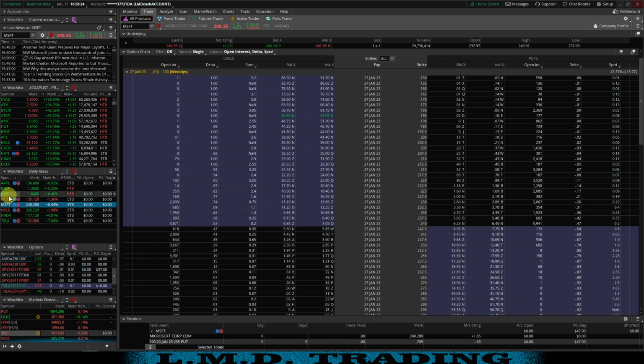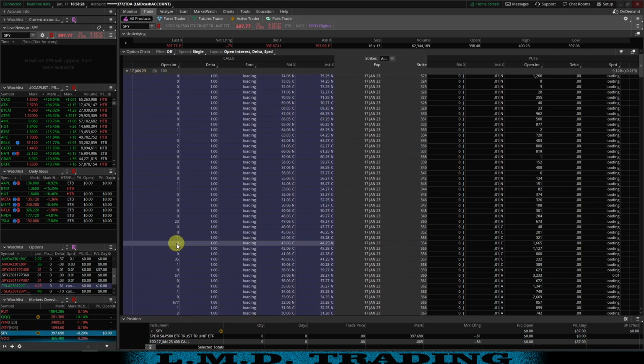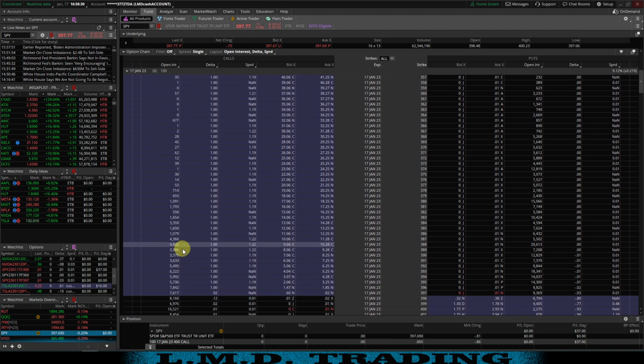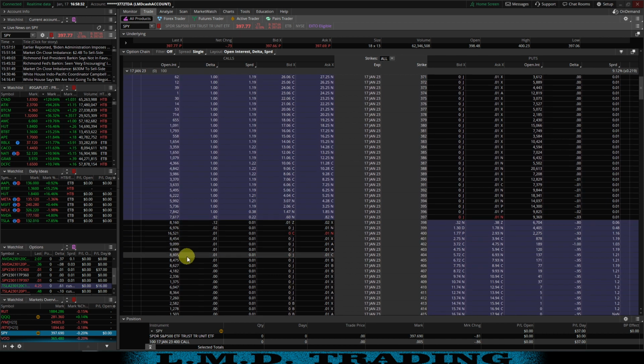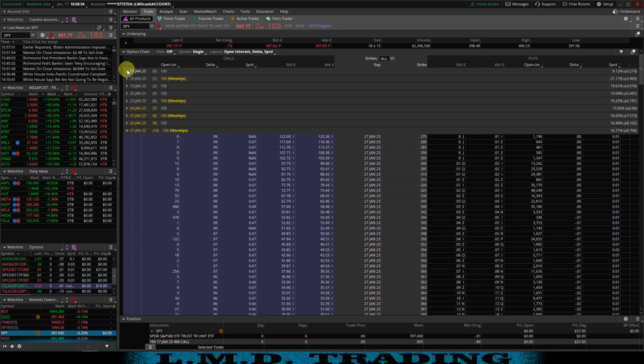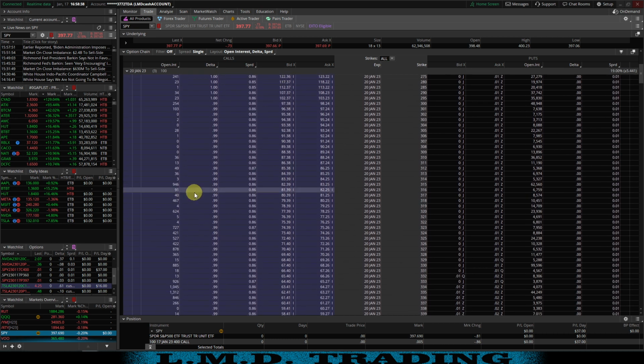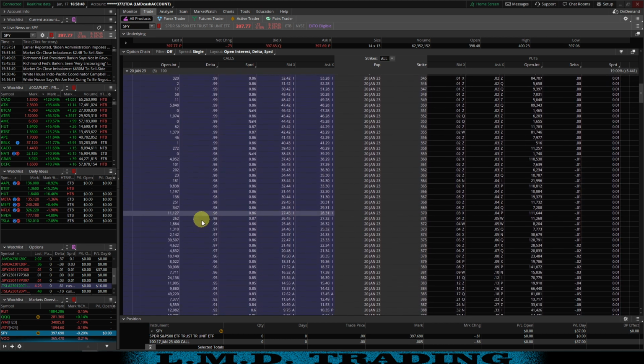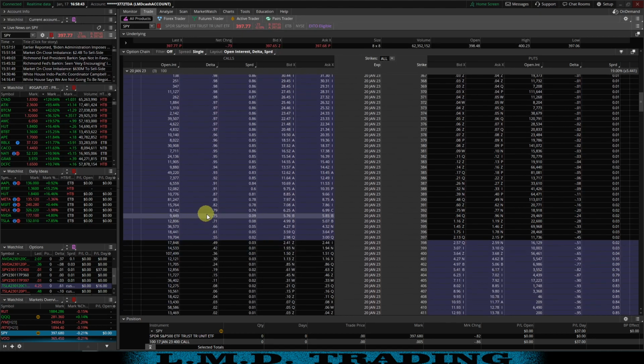Let's click on the SPY real quick just to see what those numbers look like for delta and open interest. This contract expired today, so it's worthless. Let's go to the 20th. Let's come on down. Look at that. 0.36 is the big one.